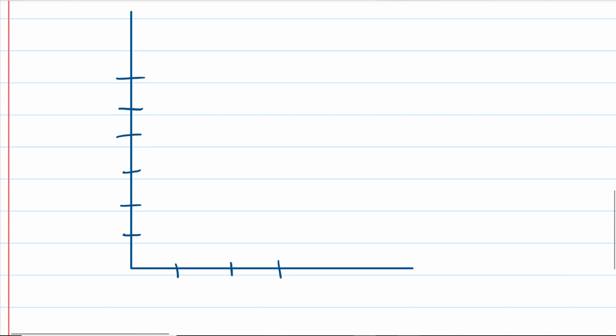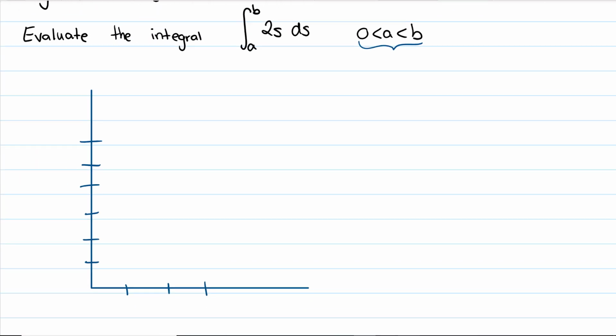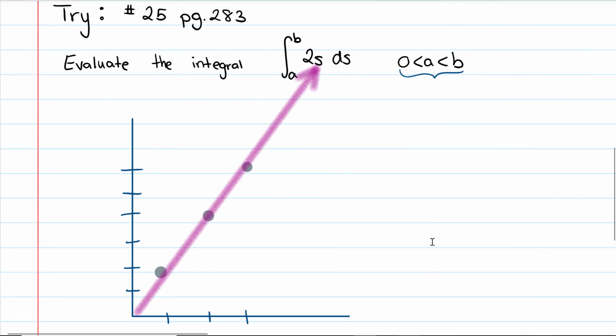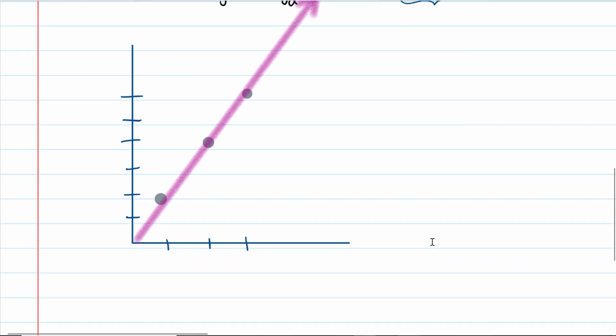Okay, so the first thing we need to do is graph this. The reason I only drew the first quadrant is because we're dealing with a and b greater than 0, so we're not going to deal with anything less than that. So we know it's 2s, so it's going to be like here, something like that. And we need to integrate from points a to b, so we're going to choose any random point a and any random point b.